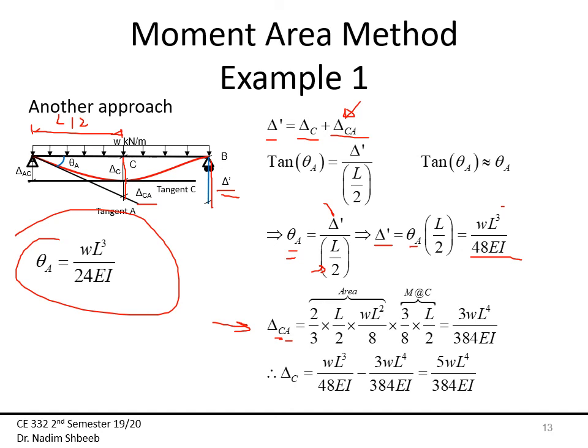So delta CA, and this is the moment about point C. So now the area is still 2/3 L over 2 times WL squared over 8 EI. I forgot the EI over here, please add that. Times, again, now it's going to be 3/8 because I'm taking the moment about point C. So that's now 3/8 times L over 2, and that's 3WL to the 4th divided by 384 EI.